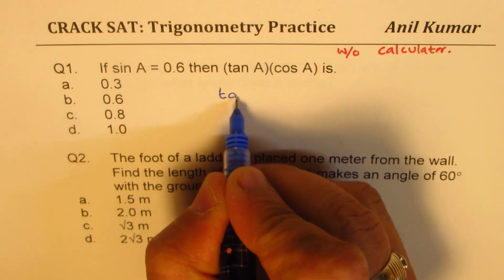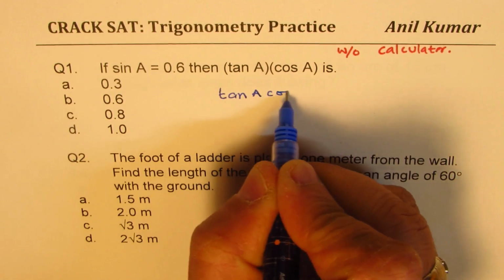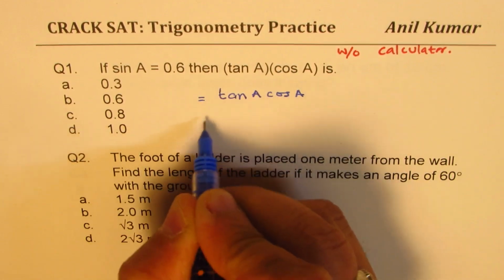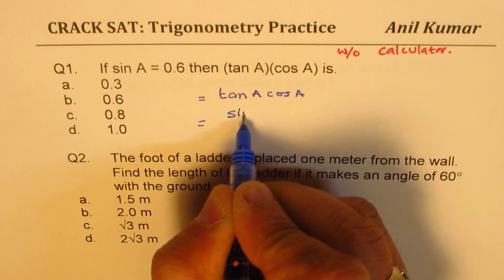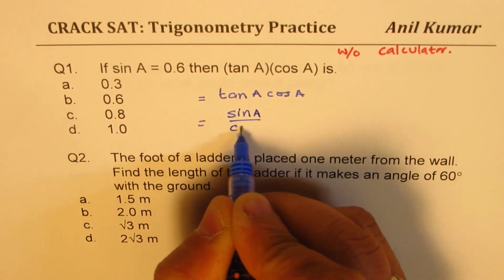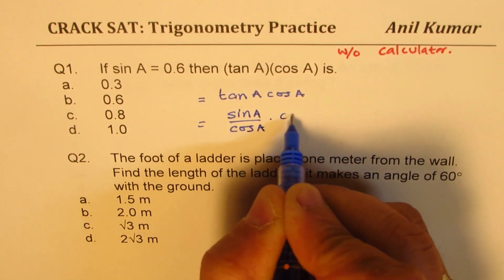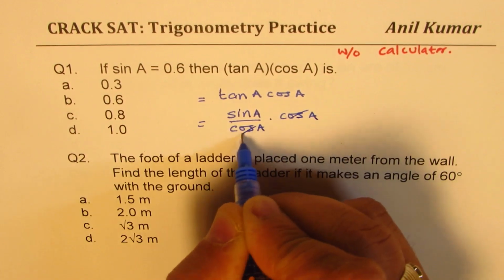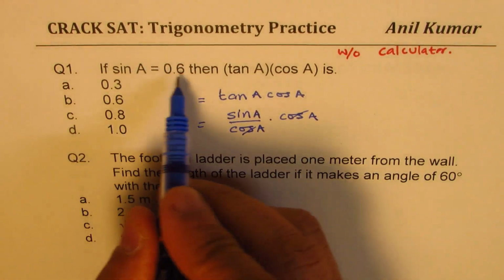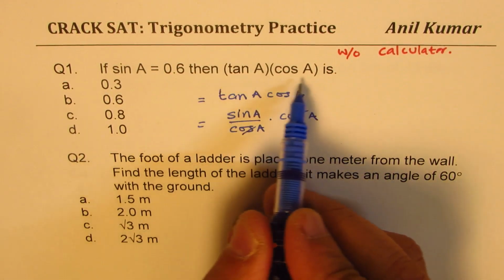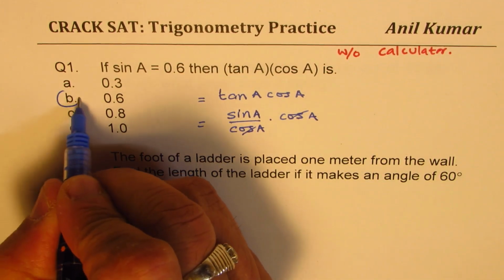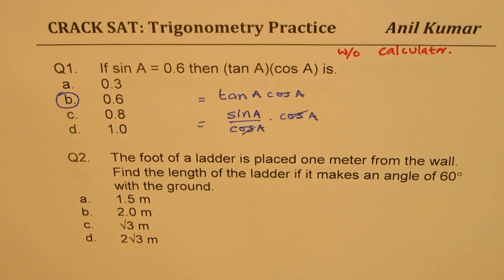Tan A is sine A over cos A, correct? Times cos A, so they cancel. You get sine A. So if sine A is 0.6, tan A cos A is also 0.6.